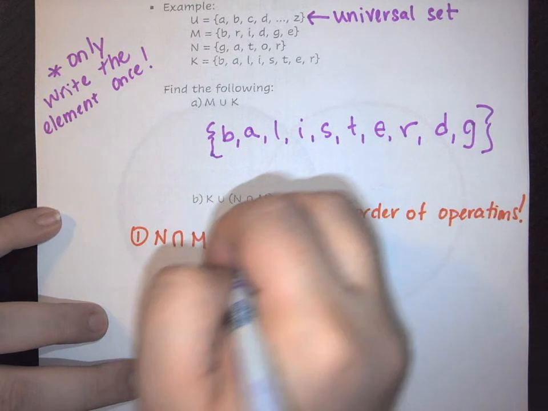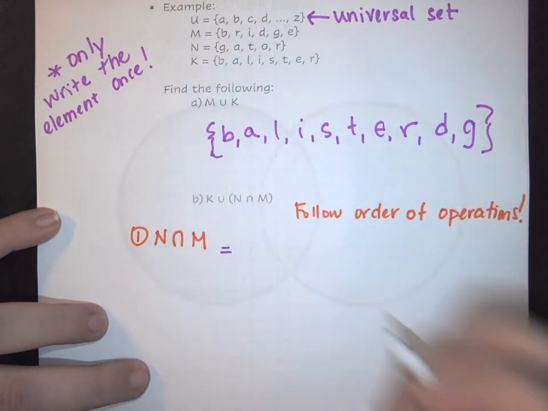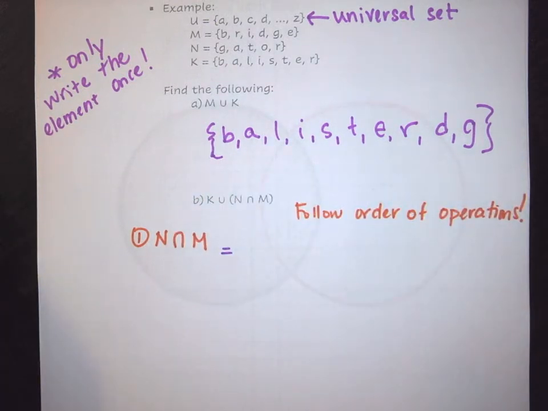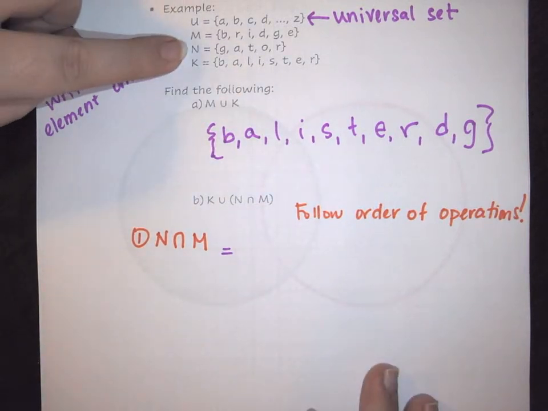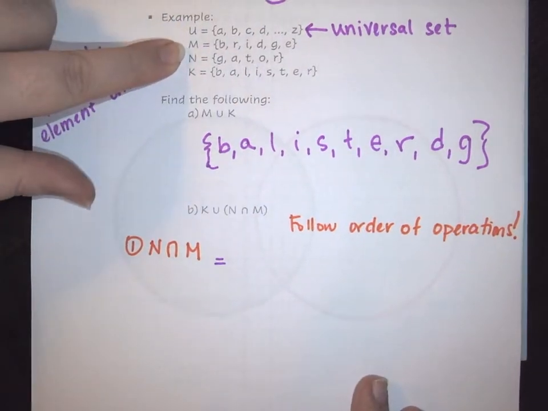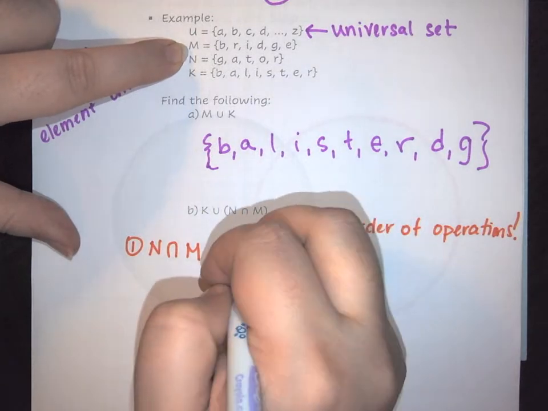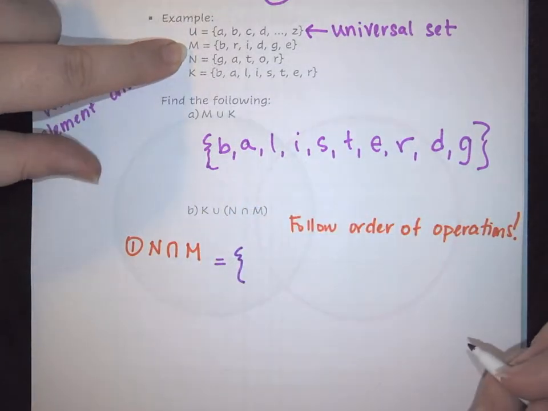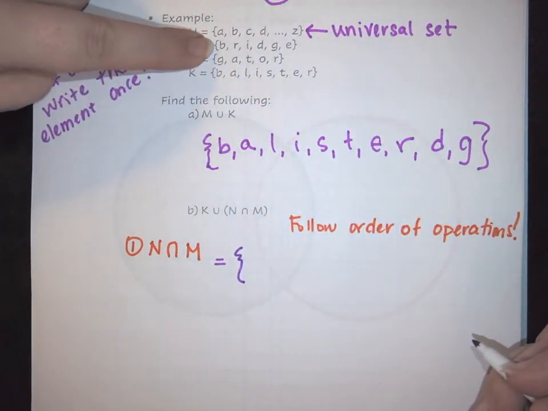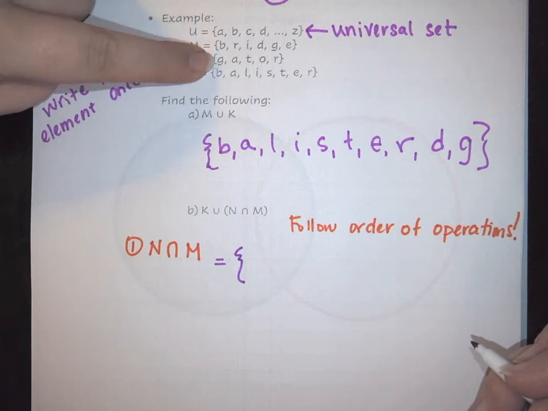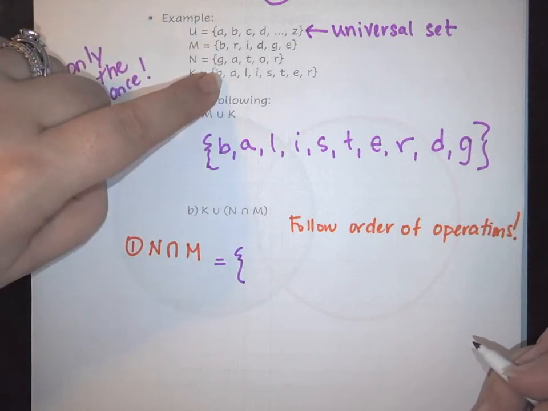So I need to remember intersect means the ones that are the same. So I'm looking at N and I'm looking at M, and I'm looking at only the elements that appear in both. So here for the first, I have a B in the first one but not in the second.